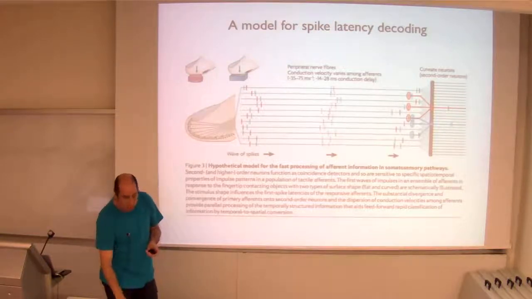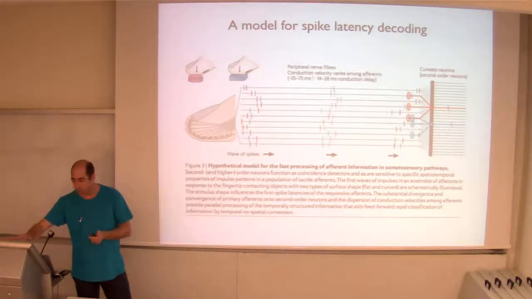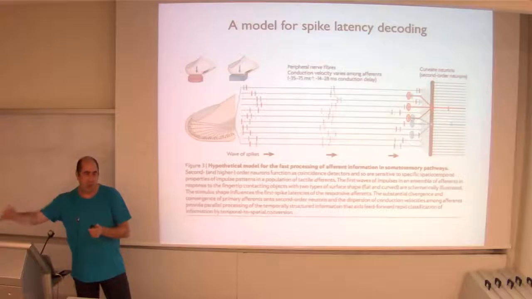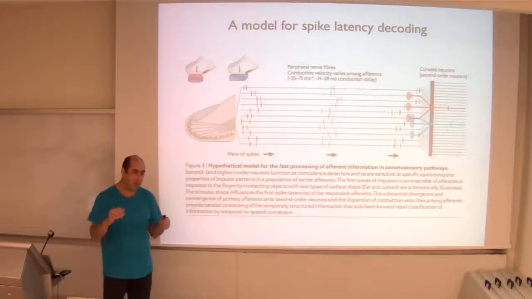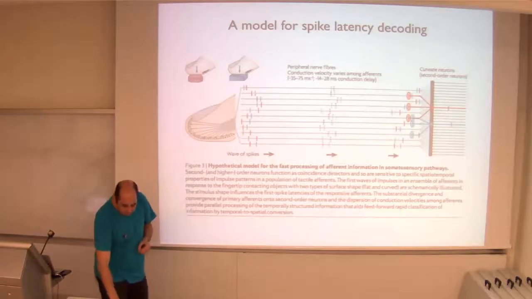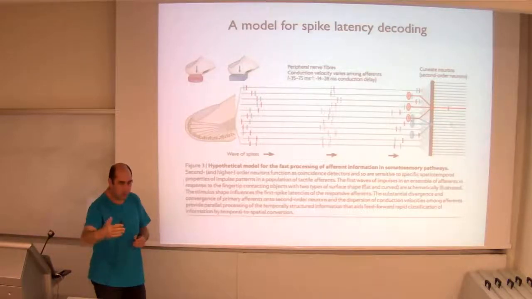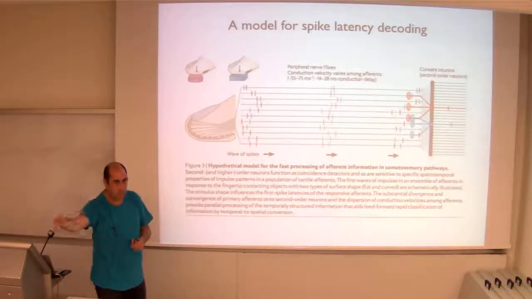But as we talked a little bit before, touch is an active sense, so you can imagine that you move your hand and look at the texture, and at different locations there will be synchronization of different receptors because they're hitting something on the texture at the same time. This will give you some information about the spatial frequency of the texture. So imagine that you move your hand over something that has some frequencies like that.